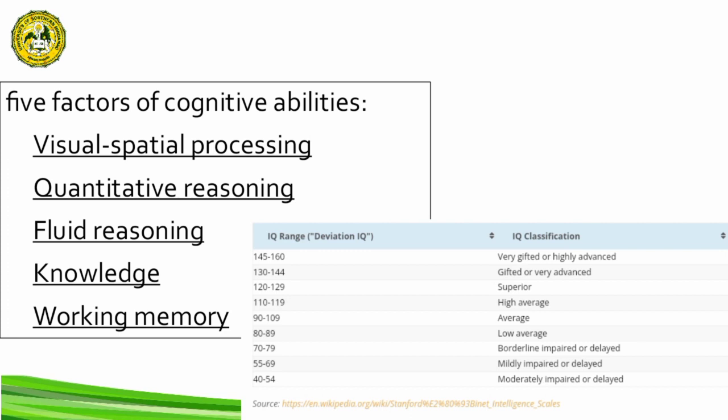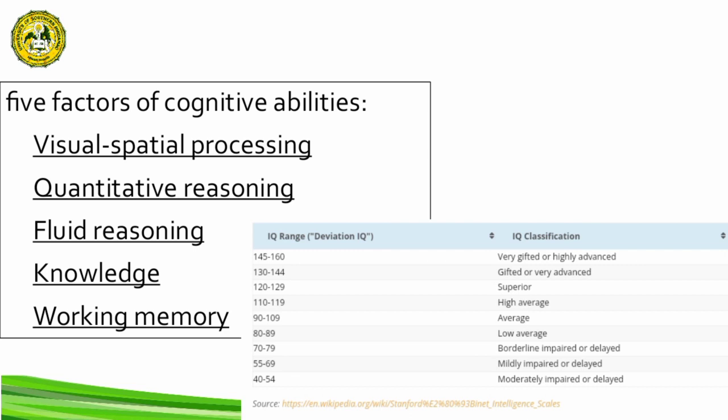It includes visual spatial processing, quantitative reasoning, fluid reasoning, knowledge, and the working memory or the short-term memory. And also, the figure below is the IQ range, kung saan yung chronological age divided by the mental age times 100 is equal to the IQ of the person na nag-take ng test.